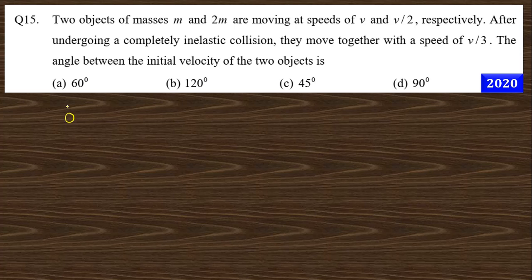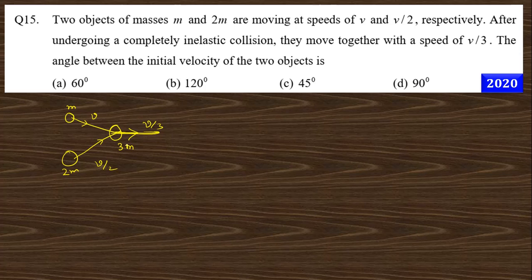That means, say this is m with speed v, and another one 2m with speed, suppose v by 2, and they collide and move with the same velocity, v by 3, and they are combined, so the mass of this will be 3m.